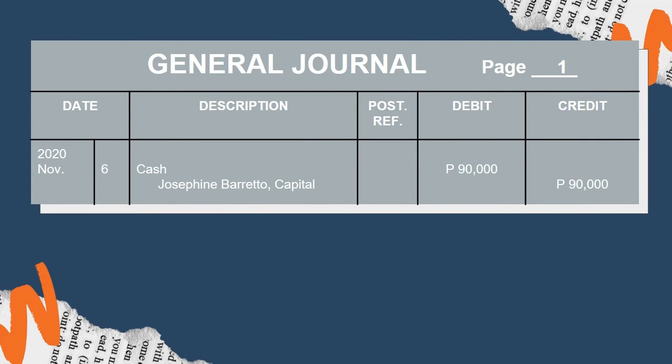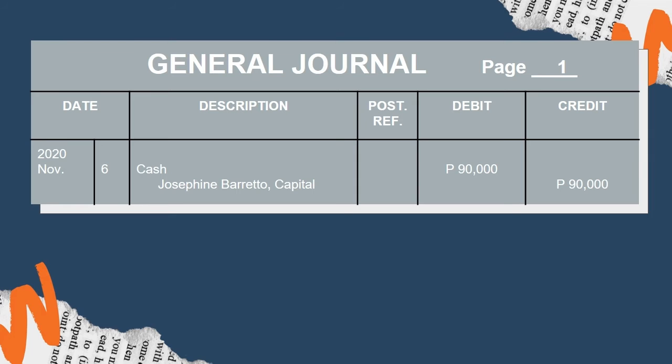Each journal entry includes the date, the amount of the debit and credit, the titles of the accounts being debited and credited, with the title of the credited account being indented, and also a short narration of why the journal entry is being recorded.